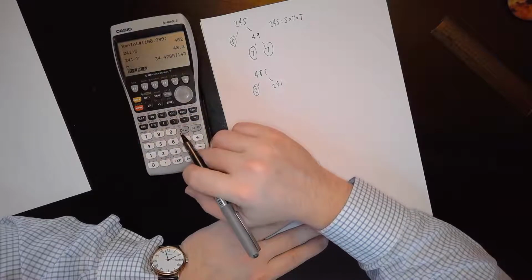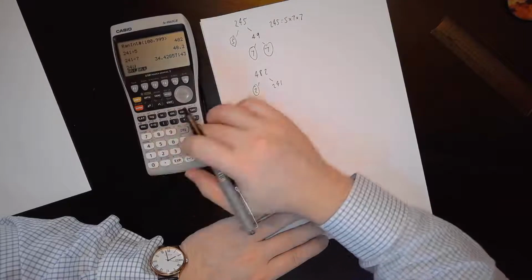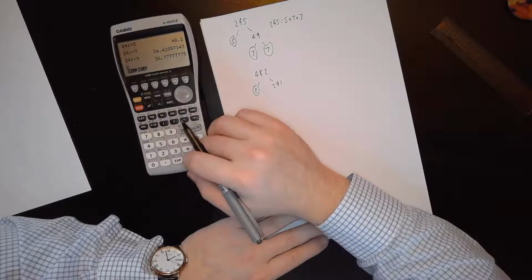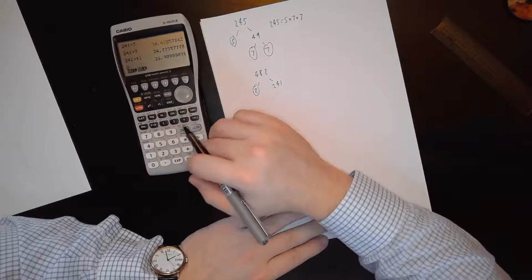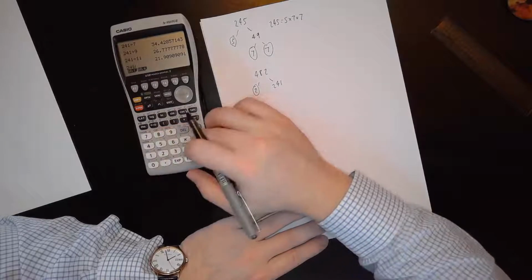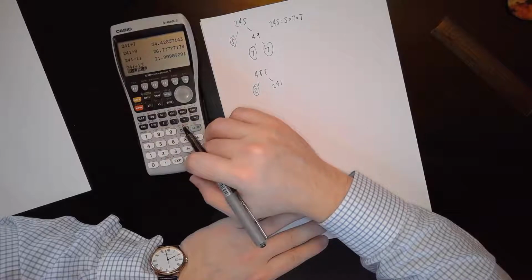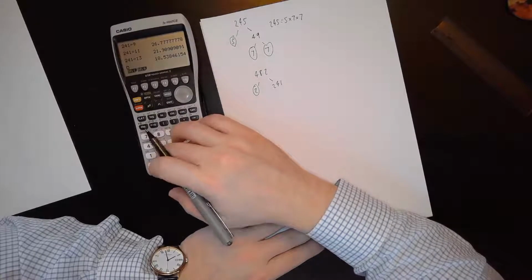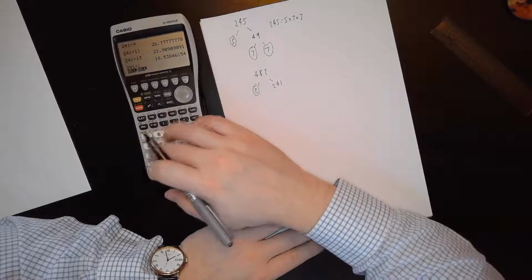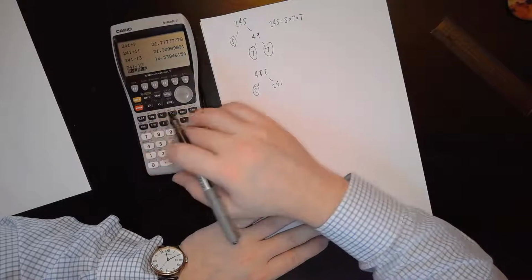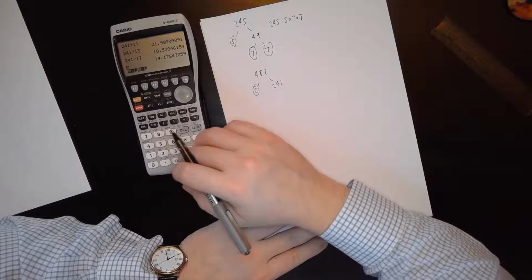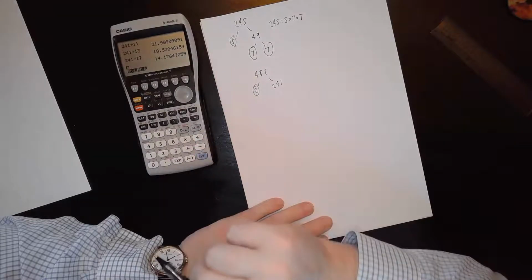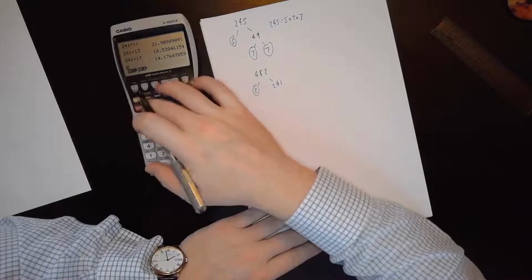Try 7, doesn't go in. Try 9, doesn't go in. Try 11, doesn't go in. Try 13, doesn't go in. 15 doesn't go in because it doesn't end in a 5 or a 0. 17 doesn't go in, and we've gone past the square root now.